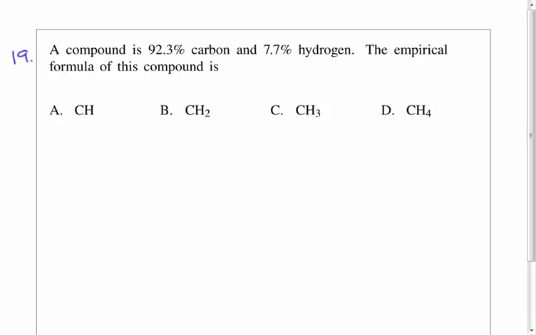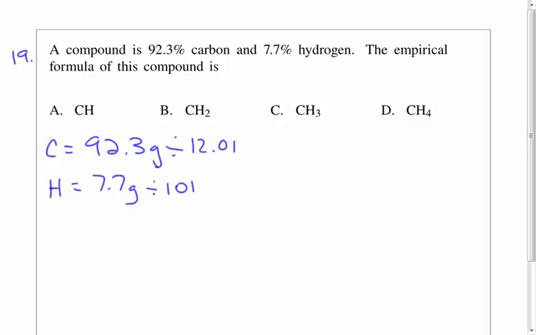For number 19, same setup. We have 92.3 grams of carbon, 7.7%. Whoops. Remember, we're changing percentages to grams. You probably remembered. We'll divide those by our molar mass values. We'll write down about 4 numbers or so.